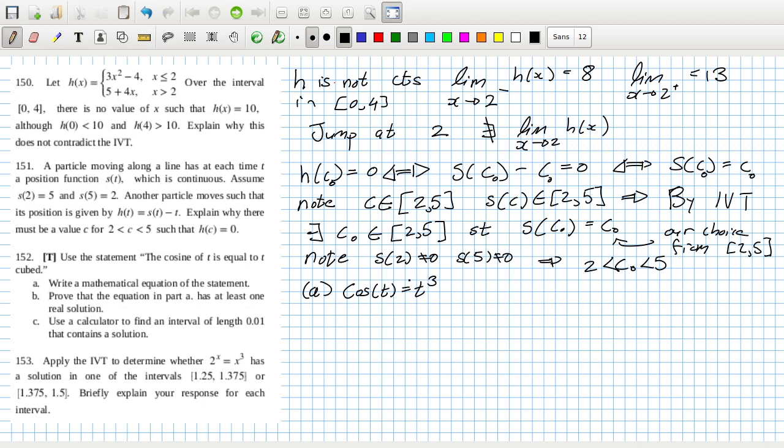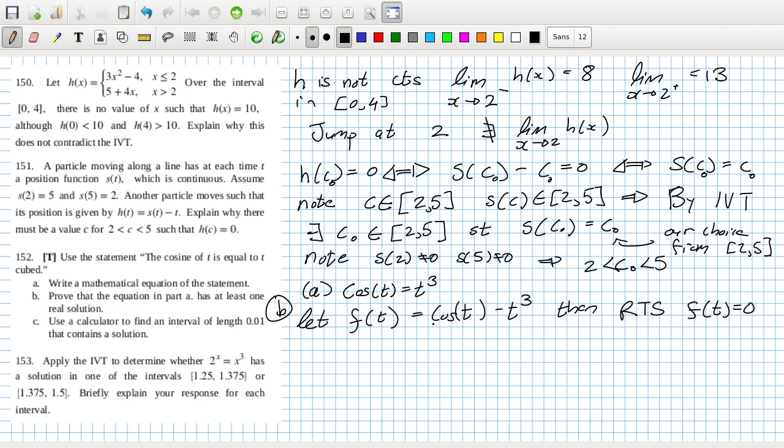Prove that the equation in part A has at least one real solution. So this is B now. Let f(t) equal cos t minus t cubed, then we're required to solve, I guess, f(t) equal to 0.